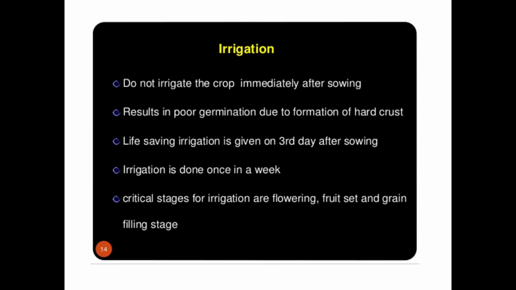Critical stages for irrigation are flowering, fruit set, and grain filling stages. These are the critical growth stages for irrigation of the pea plant.